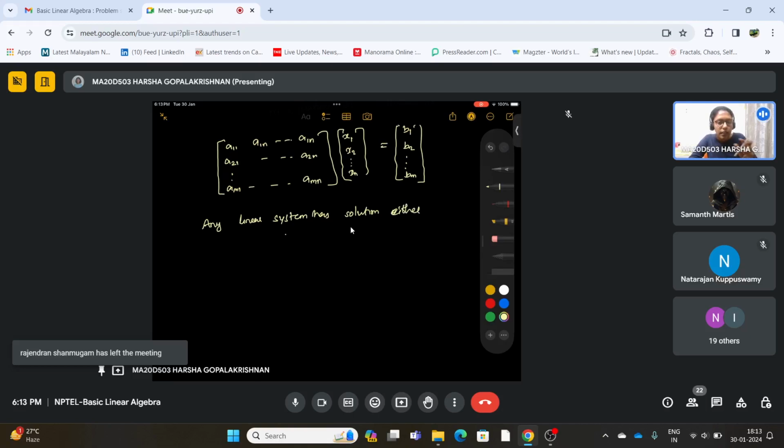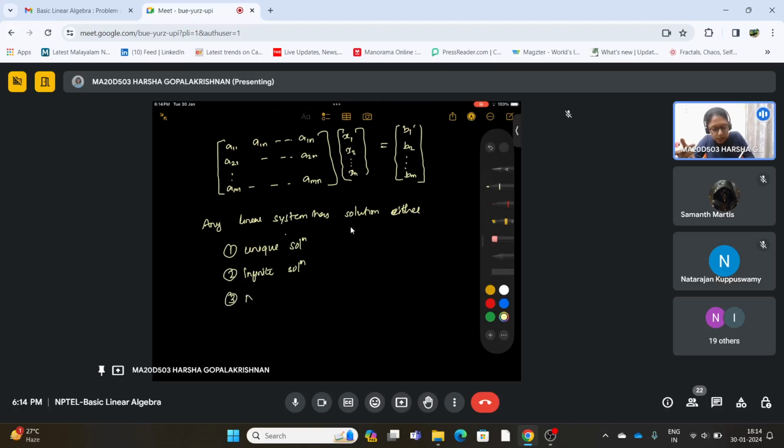either, like, if we have any system, its solution can be either a unique solution, that means it has only one solution, otherwise it has an infinite number of solutions, or the third case is no solution. So only these three cases will occur for a system of equations. What does solution mean? A solution is a value x1 etc., xn which satisfies all the given m equations.